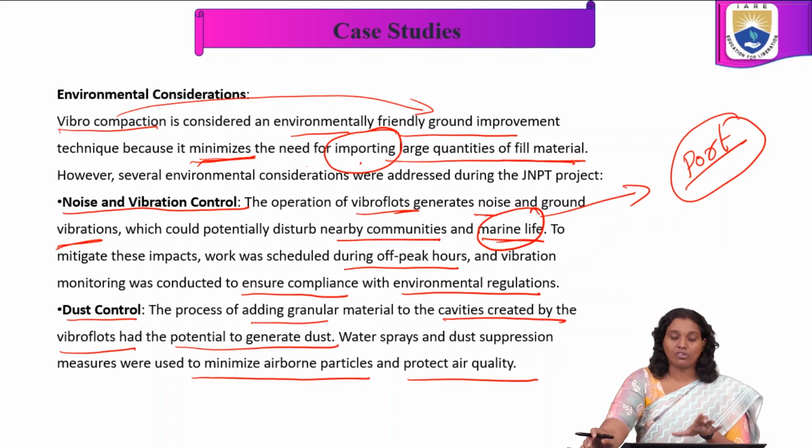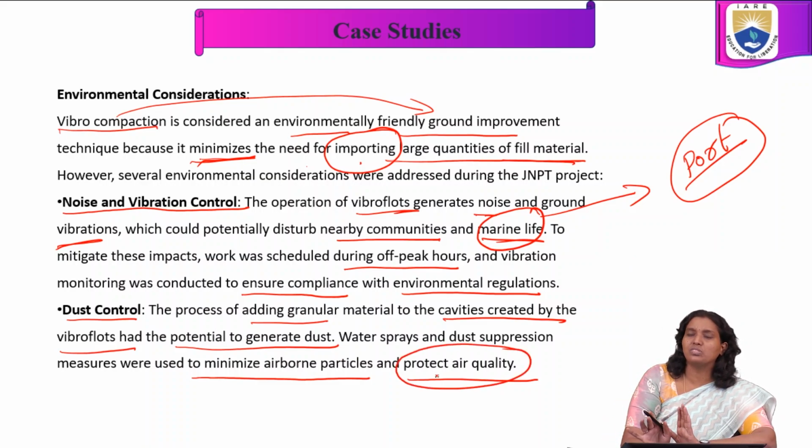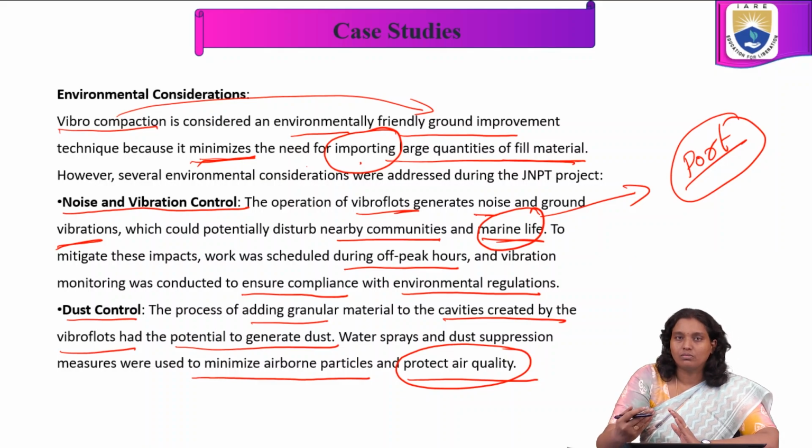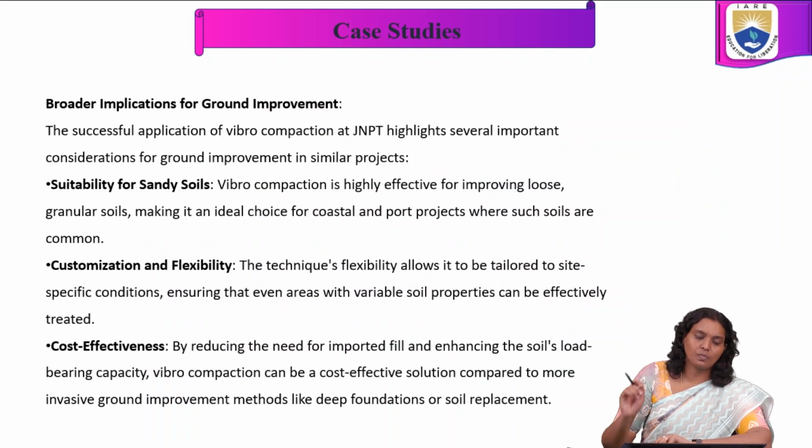For that we have to take measures to protect the air quality and reduce the effect on it. Dust control is one more environmental concern which we have to understand.